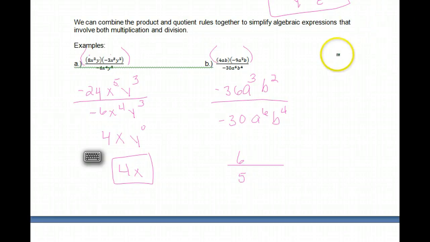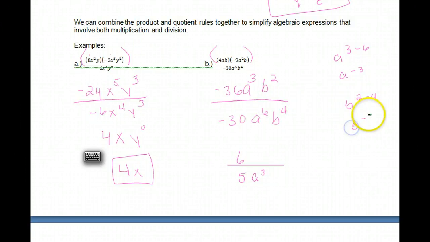So then we have a to the 3 minus 6 power, which gives us negative 3. That tells me that I want my a cubed in my denominator. And then I have b to the 2 minus 4 power, which gives me b to the negative 2, which tells me that I want it in my denominator with a positive exponent. So I have b to the 2nd power.